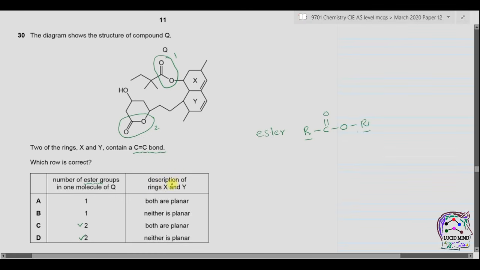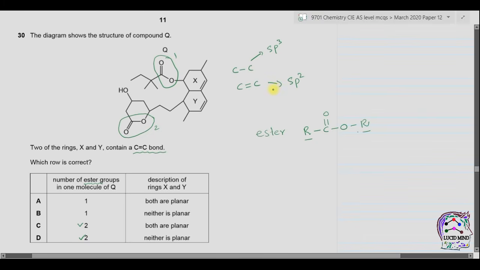Second part is the description of rings X and Y. Both are planar or neither is planar. Let's see what type of hybridization occurs in X and Y. There are two types of carbon atoms in X, some having carbon-carbon single bonds and the others with a carbon-carbon double bond. The same is the case with the Y ring. The carbon atoms making single bonds are sp3 hybridized, while the carbon atoms making a double bond are sp2 hybridized.